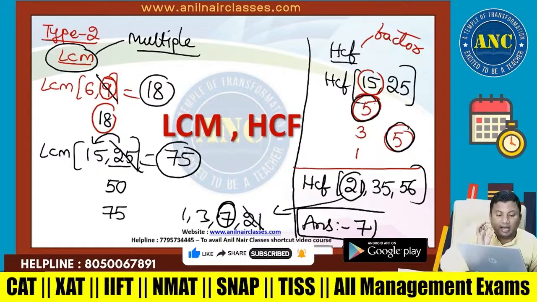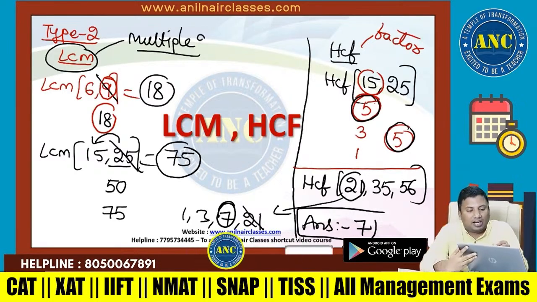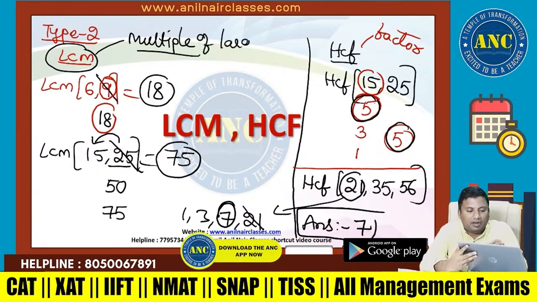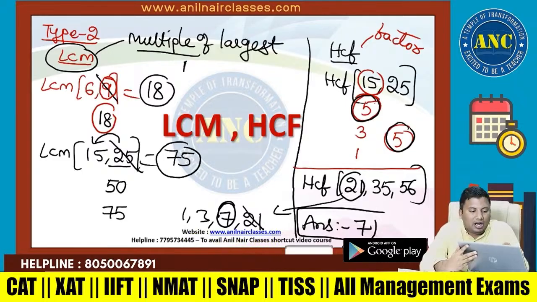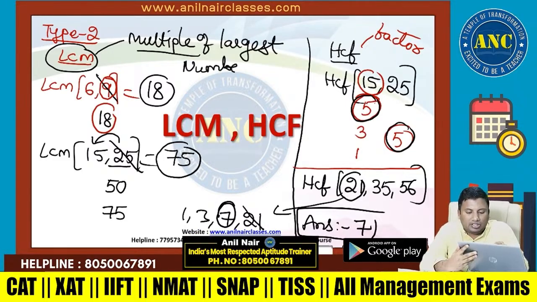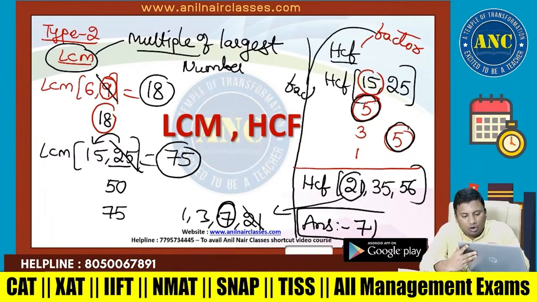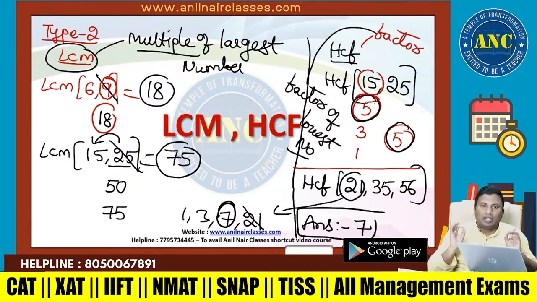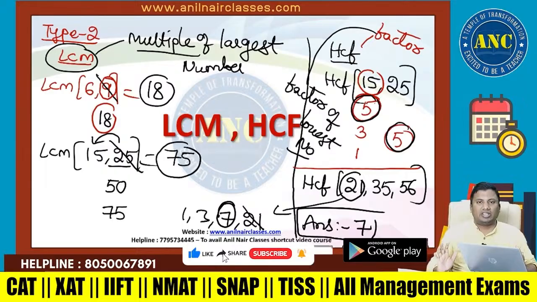In LCM, I will take the multiple of the largest number. In HCF, I will take the factor of the lowest number. No difference, both are the same. Whatever we did in method number 2 for LCM, the same method can be used in HCF.